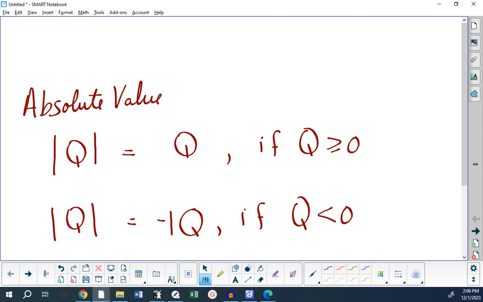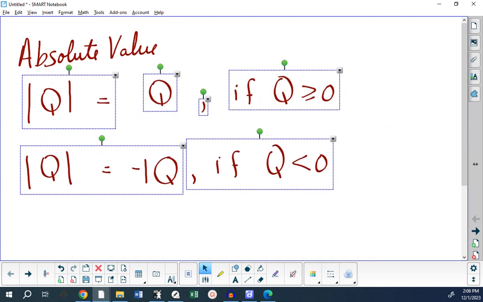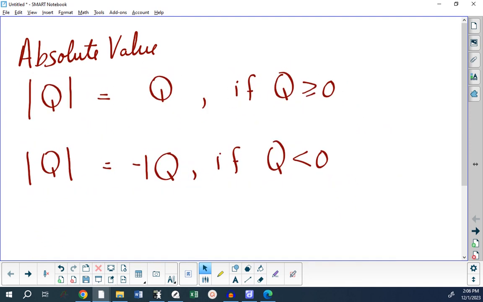Because if that thing, Q, I'm calling it Q today, is negative, then you have to multiply it by -1 to make it positive. But here's the catch. When you put all of this into practice, these inequality statements have to be written in terms of x.